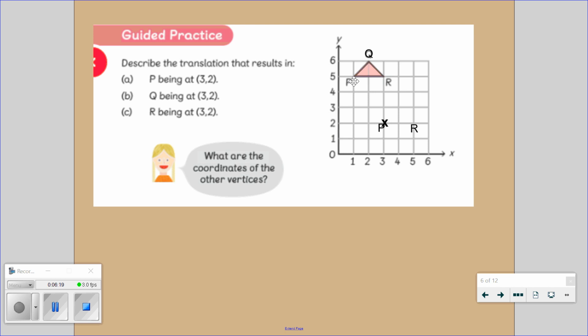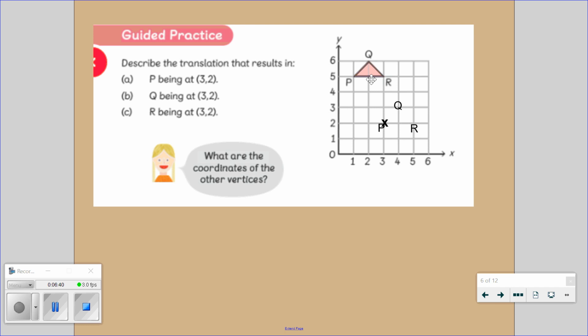And if we look at Q, we can see that it was 1 unit to the right and 1 upwards. So let's move it 1 unit to the right and 1 upwards. So Q should go here. We can check it by moving the whole triangle.